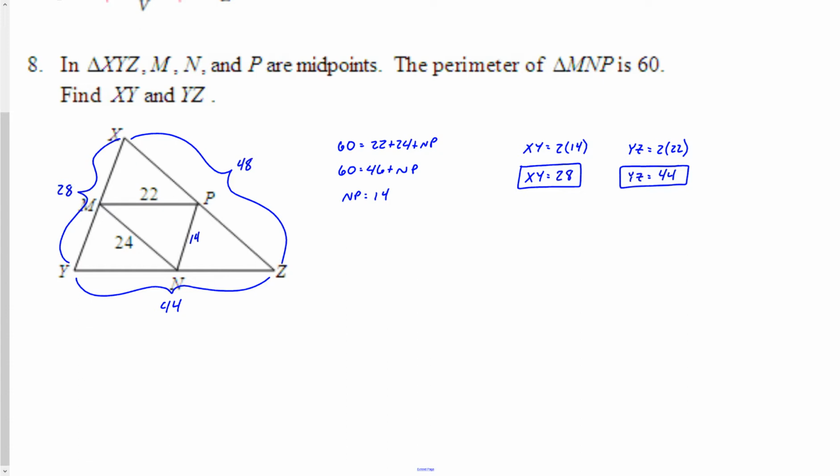So given the fact that we have the perimeter of the smaller interior triangle made up of the midsegments, we could find that missing midsegment length for NP, and then that would allow us to find the length of the three sides of the original triangle, two of which were the answers that we were asked to provide. So XY would be 28, YZ would be 44.